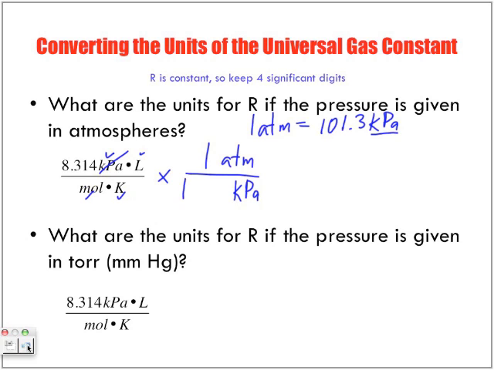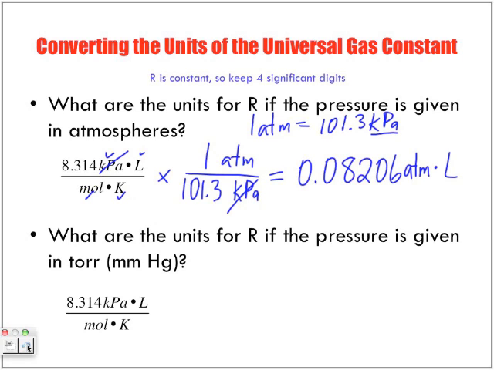So 1 atmosphere is equal to 101.3 kilopascals. Kilopascals cancel out, and we're going to get an R value of 0.08206, with units of atmospheres times liters per moles of Kelvin.